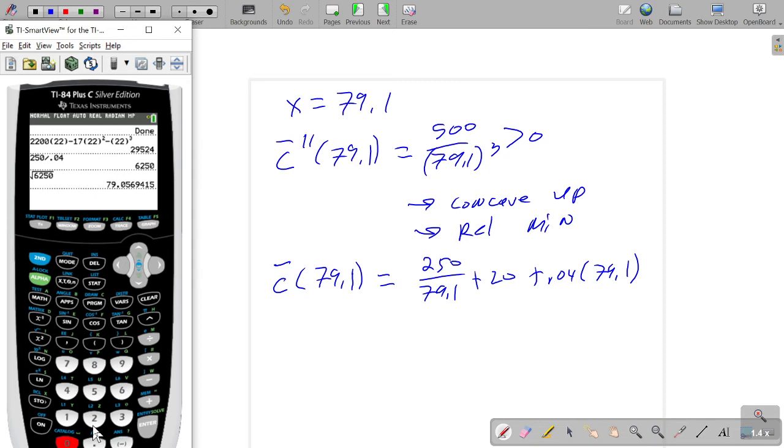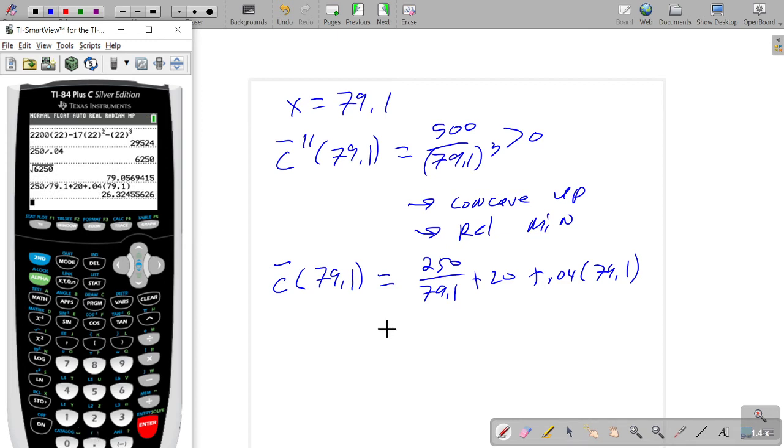So 250 divided by 79.1 plus 20 plus 0.04 times 79.1 gets a minimum cost of about $26.32 per unit.